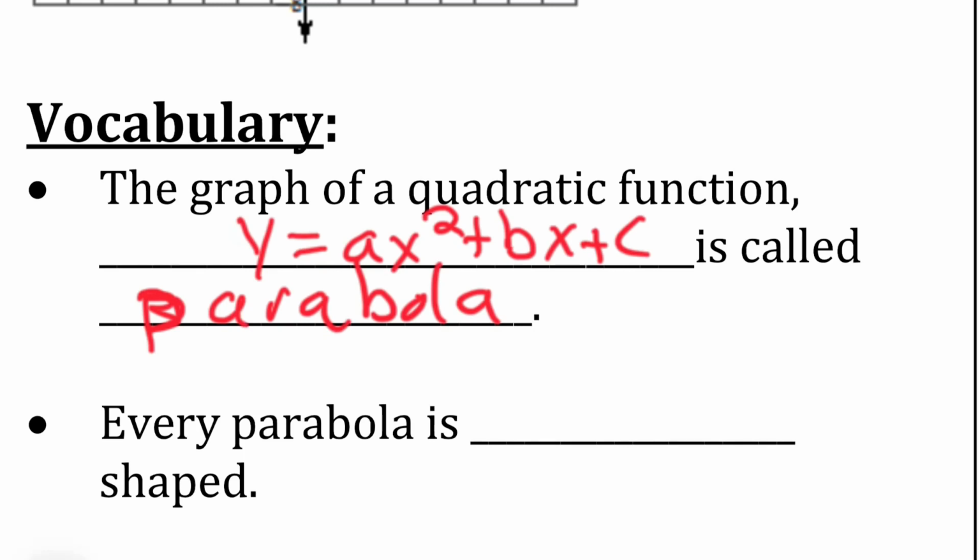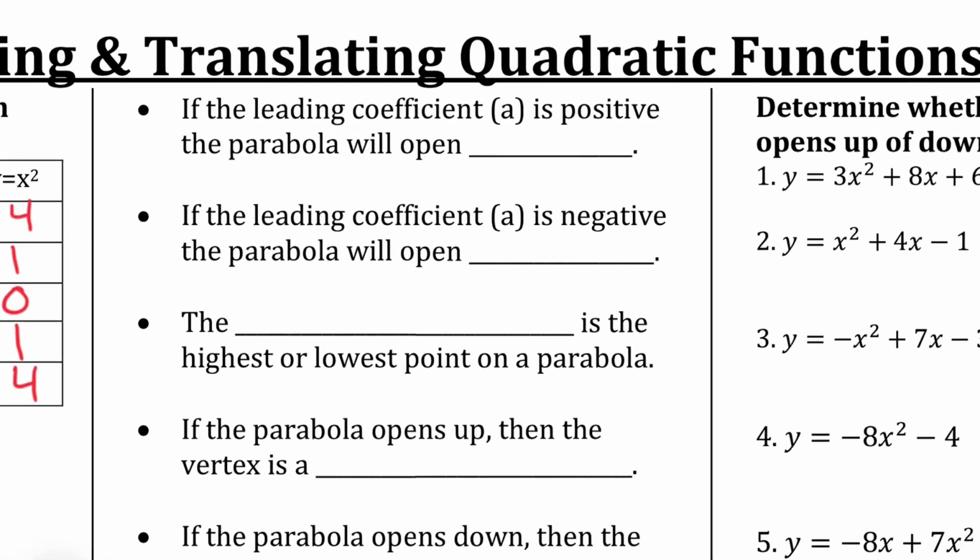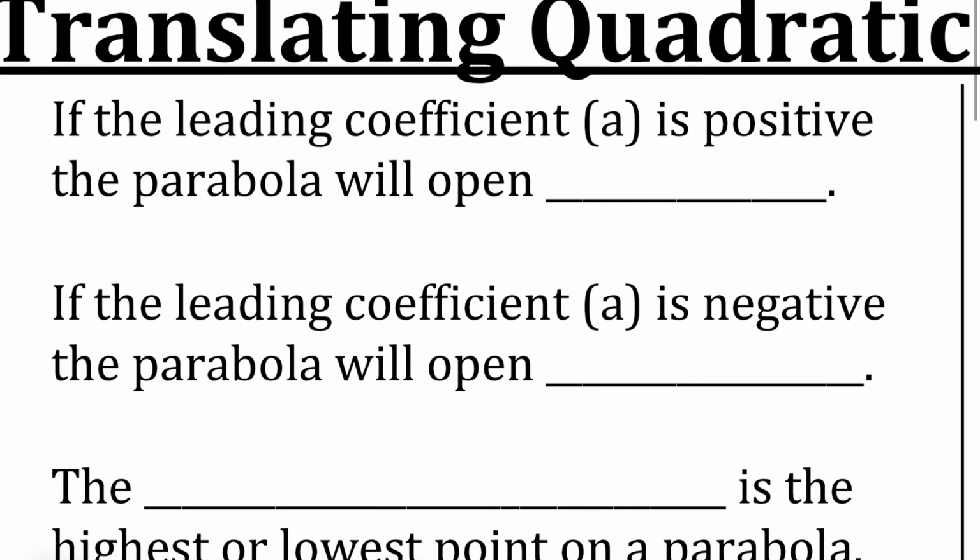Every parabola is U-shaped, whether it is an open upward U, a right side up U, or an upside down U. If the leading coefficient, or A, is positive, you will be opening up. If the A is negative, you'll be facing down for your U.